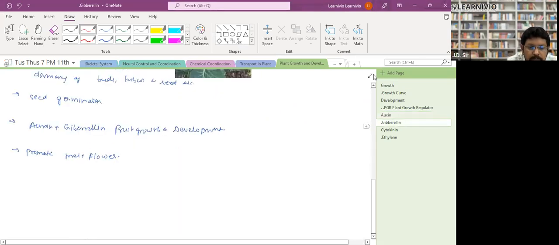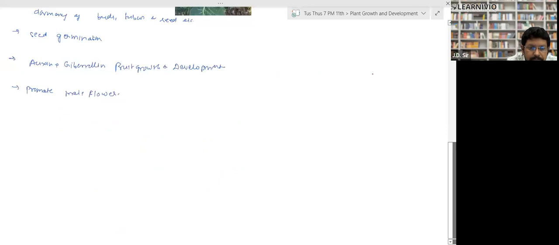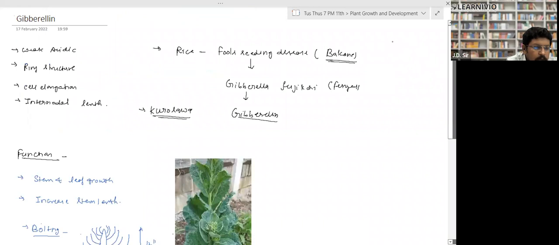Next one is gibberellin. Put the heading gibberellin. Next hormone is gibberellin, right? First point: it is weakly acidic. Its nature is weakly acidic.